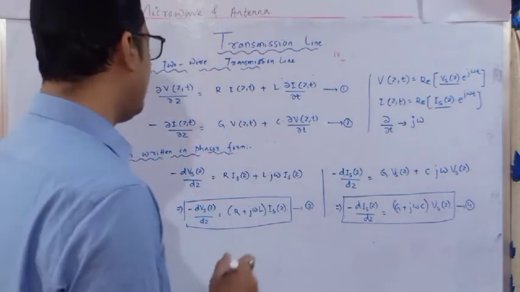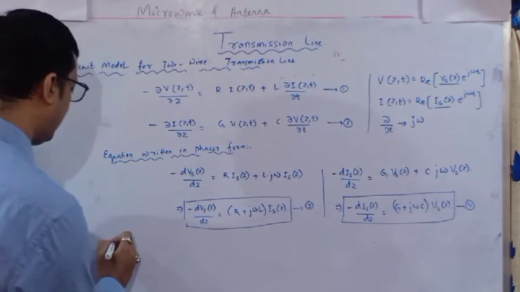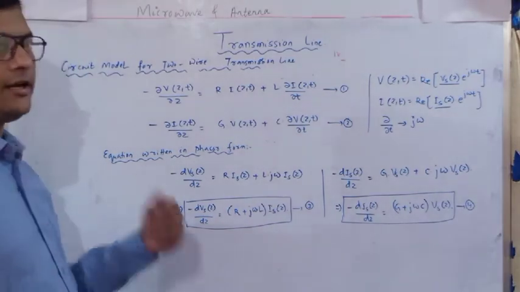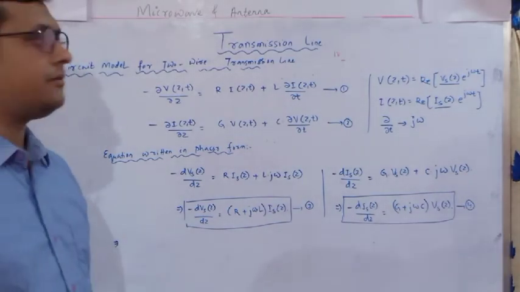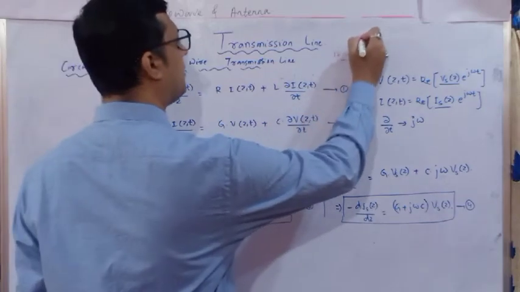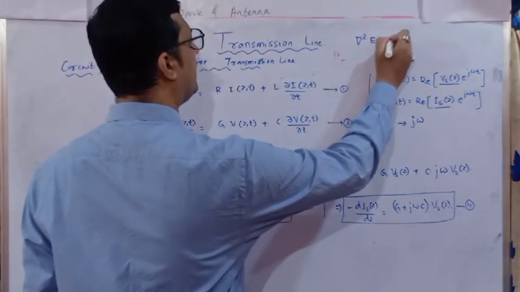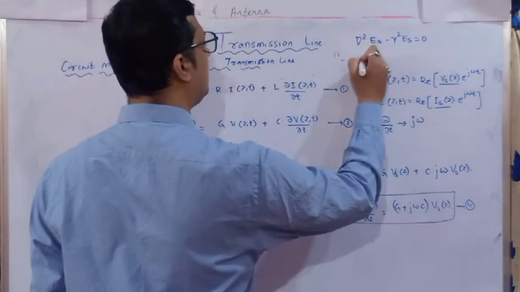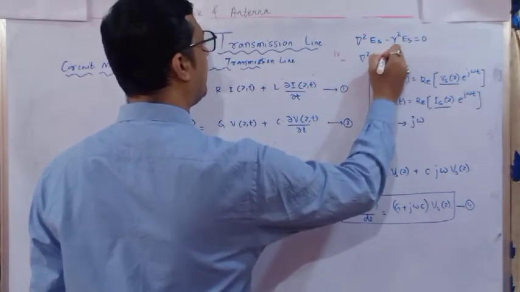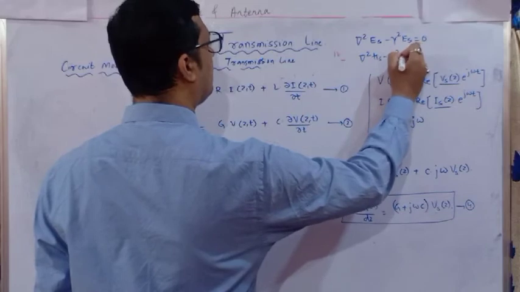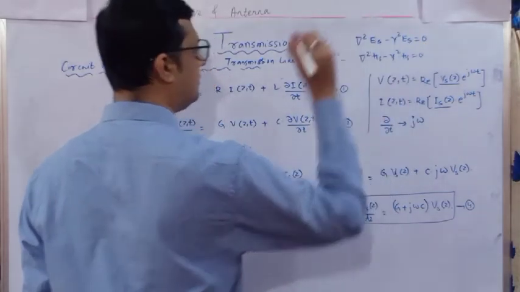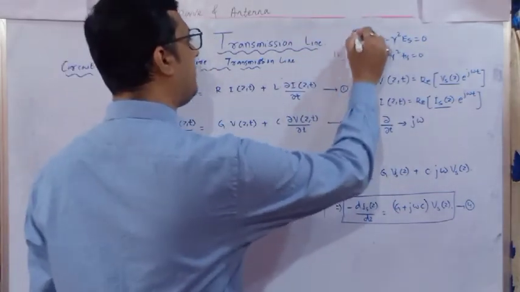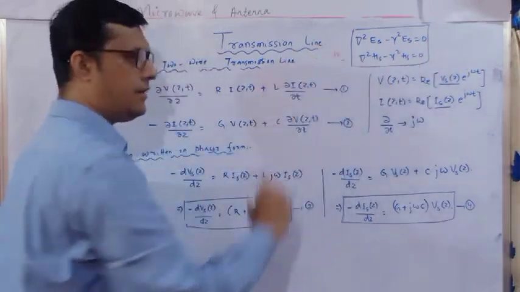Now I need to determine the wave equation. Wave equations are written as del square Es minus gamma square Es equals 0, and del square Hs minus gamma square Hs equals 0. These two are the wave equations for the electric field and the magnetic field.